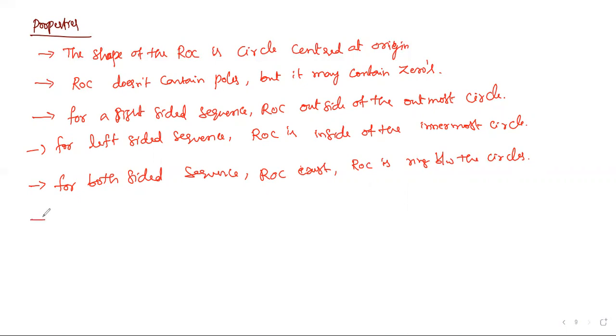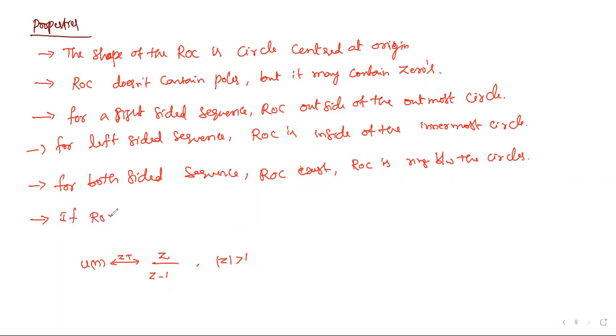And one more thing: the Z transform of u of n is z by z minus 1. So here mod z is greater than 1. This circle with radius 1 will play a major role for the Fourier transform.